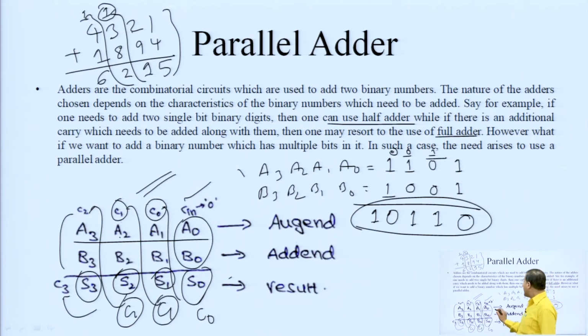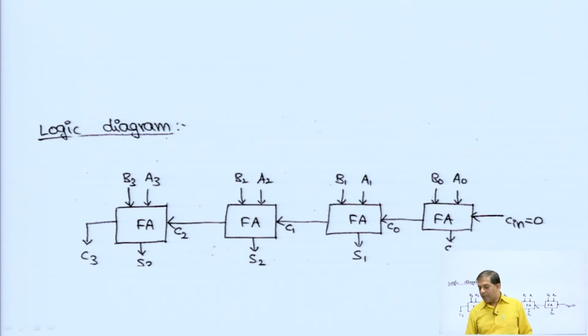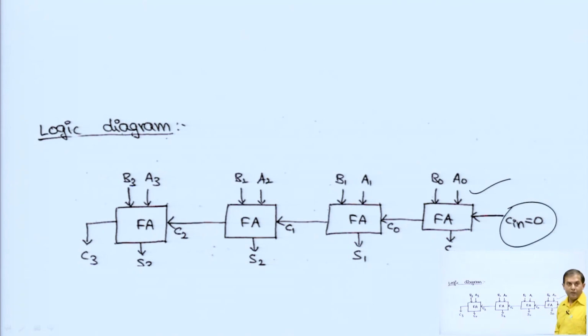Okay. So, Cn, A naught, B naught. So, 3 bits. So, 1 full adder will be there. So, you can check 1 full adder, we are having B naught and A naught as input and Cn is also input, though it is 0, but we have the provision of adding it. So, it will be giving as output S naught and the carry C naught will be moved to the next full adder.